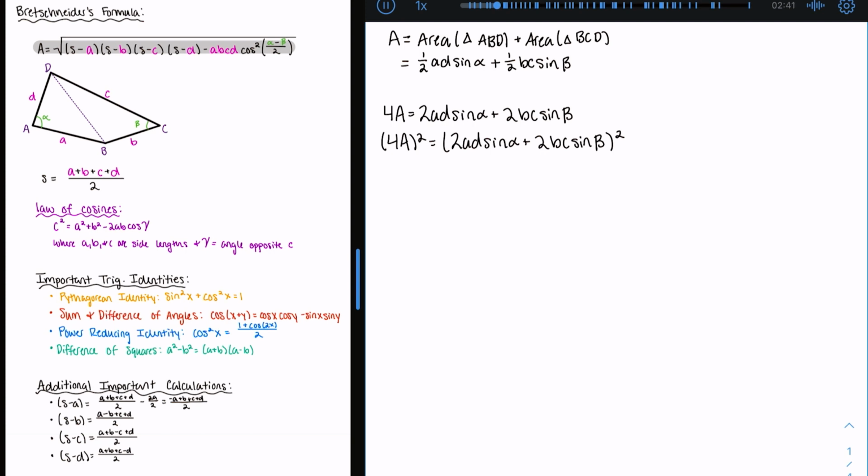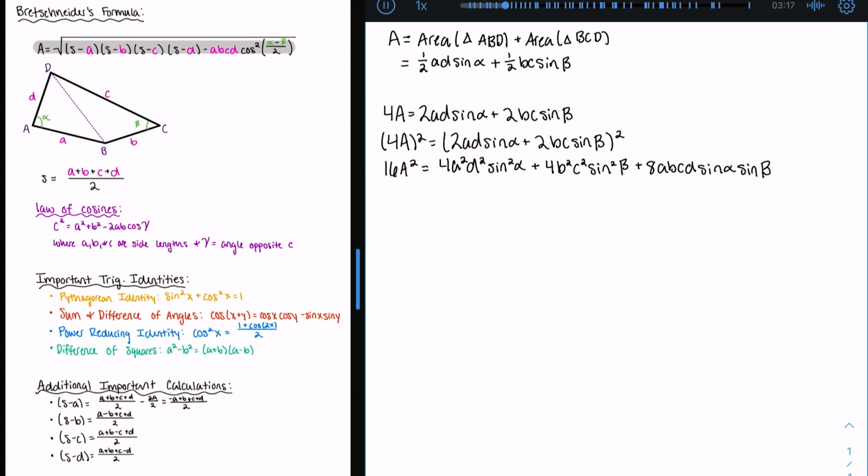Quantity 4a squared is equal to 16a squared, and then when we FOIL on the right, we get 4a squared d squared sine squared of alpha plus 4b squared c squared sine squared of beta plus 8abcd sine of alpha sine of beta.